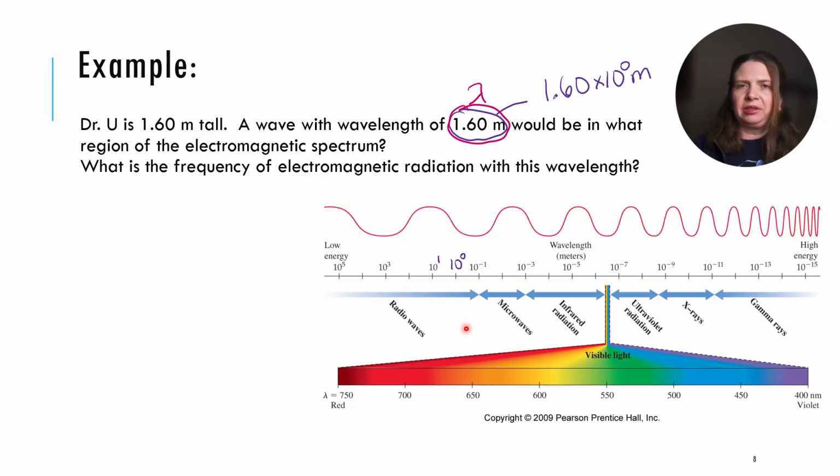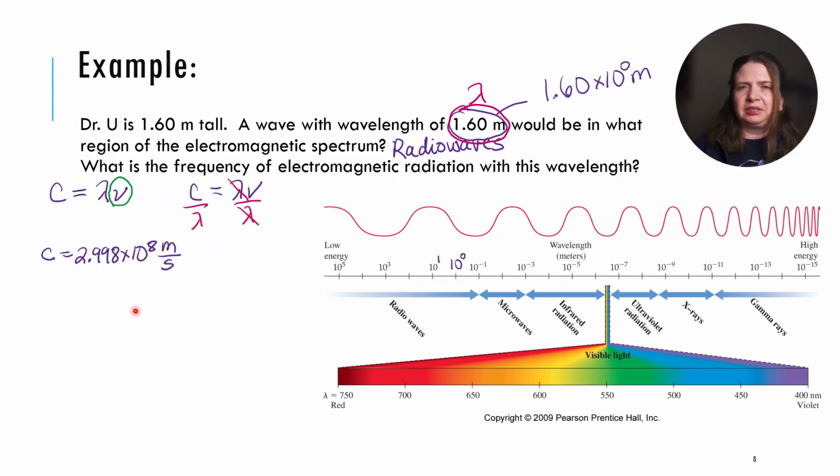Now let's calculate the frequency. The relationship between speed, wavelength, and frequency is given by the equation c equals lambda times nu. We are solving for frequency, so we divide both sides of the equation by wavelength. The speed of light is equal to 2.998 times 10 to the 8th meters per second.